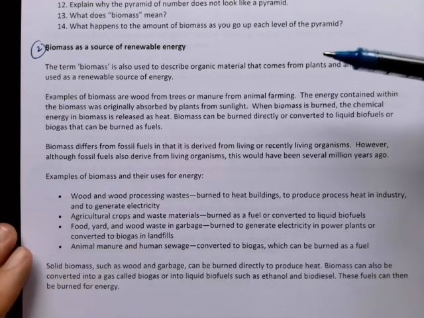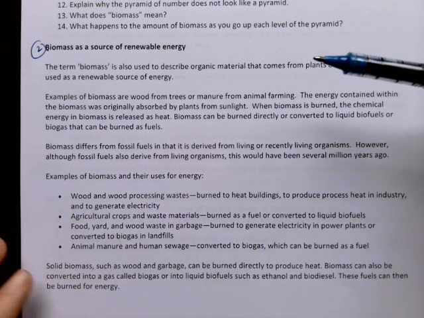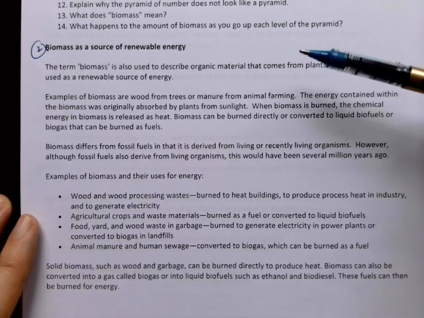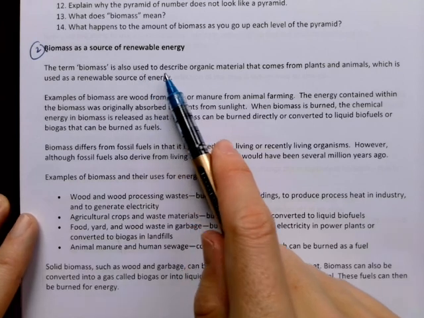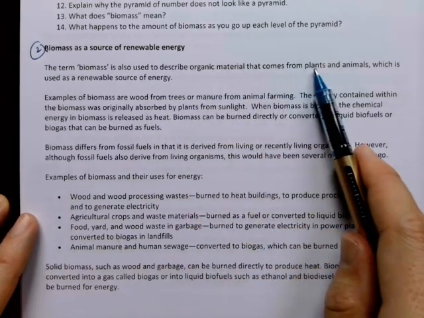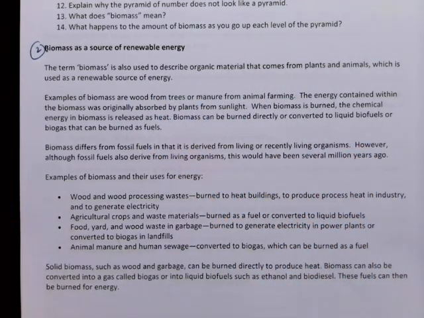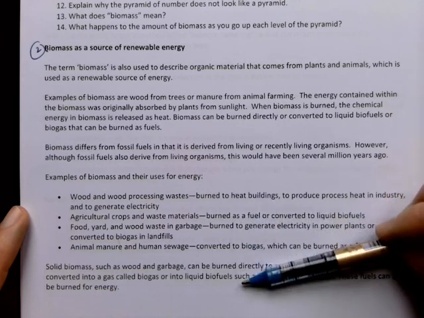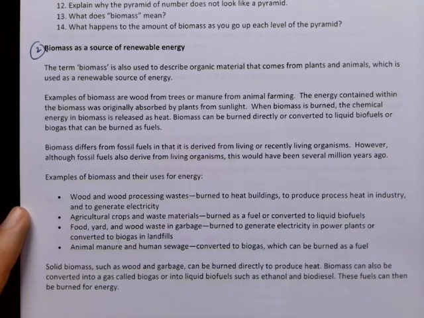Okay, so biomass is a type of energy resource. It is used to describe organic material that comes from plants and animals, which is used as a renewable energy source. So I would like you to also just read through this information here.